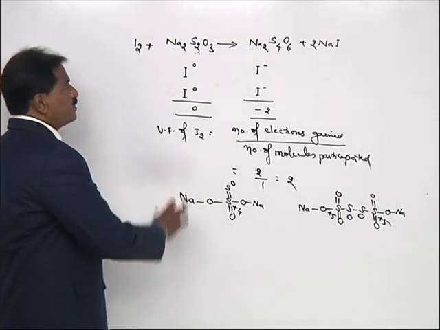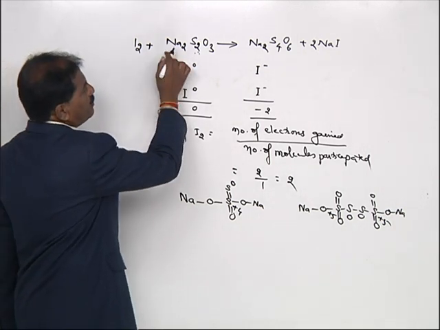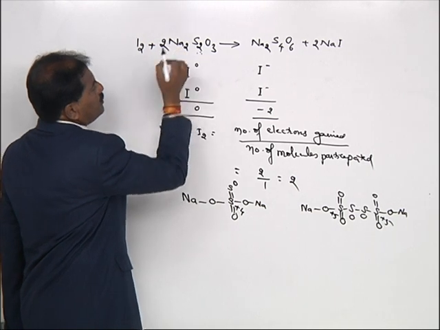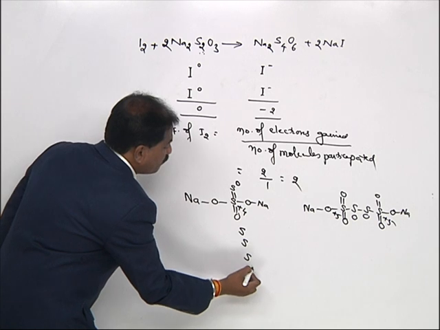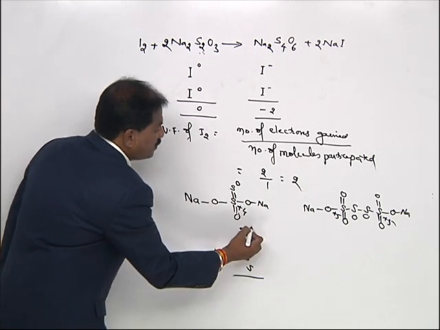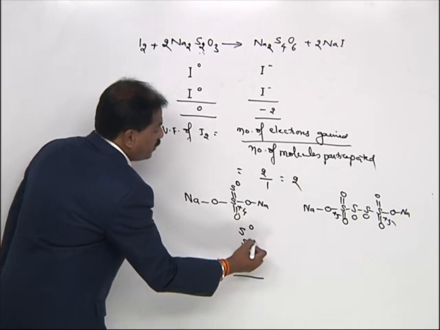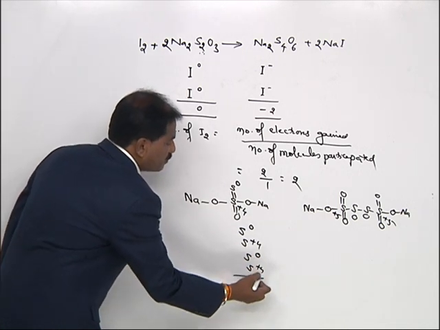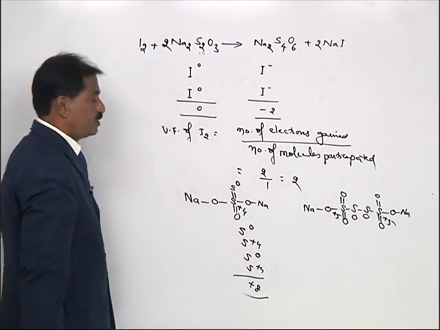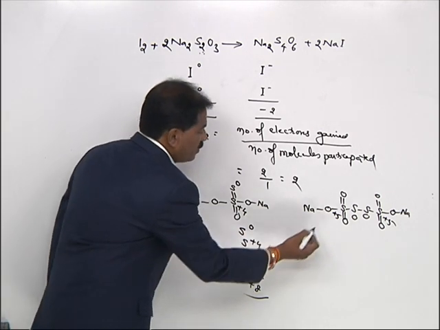Now, in this reaction, first you balance this reaction. In this reaction, a total of 4 sulfur atoms are participating. The oxidation state of the first sulfur is 0, next sulfur is +4. Similarly, in another molecule, 0 and +4. Total oxidation state +8. This side 4 sulfur atoms are present.